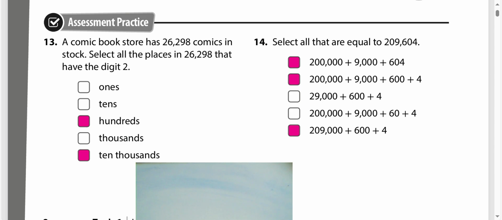Select all the equal results. We have 209,604. We can write the expanded form 200,000 plus 9,000 plus 604. 200,000 plus 9,000 plus 600 plus 4. 209,000 plus 600 plus 4.